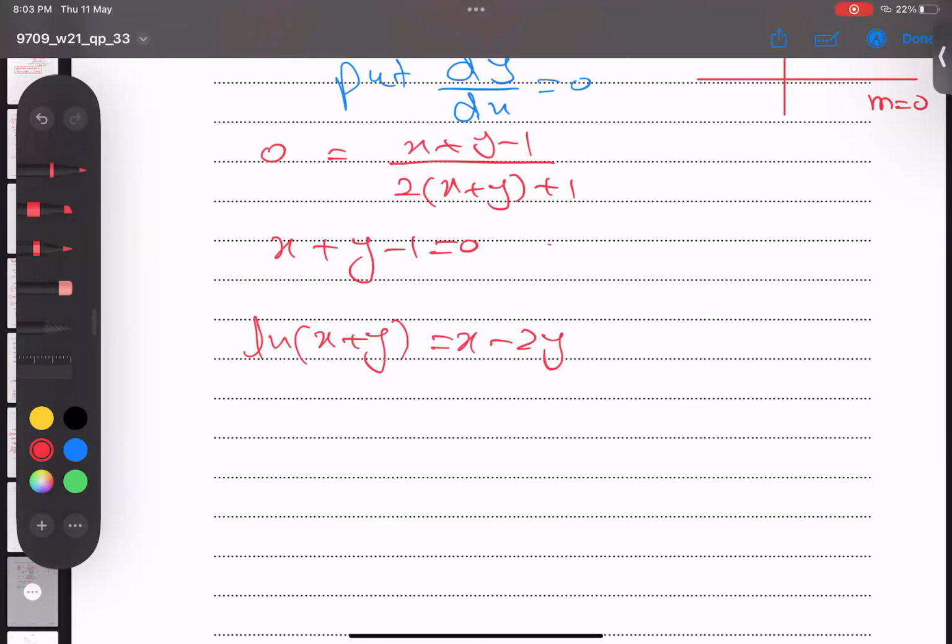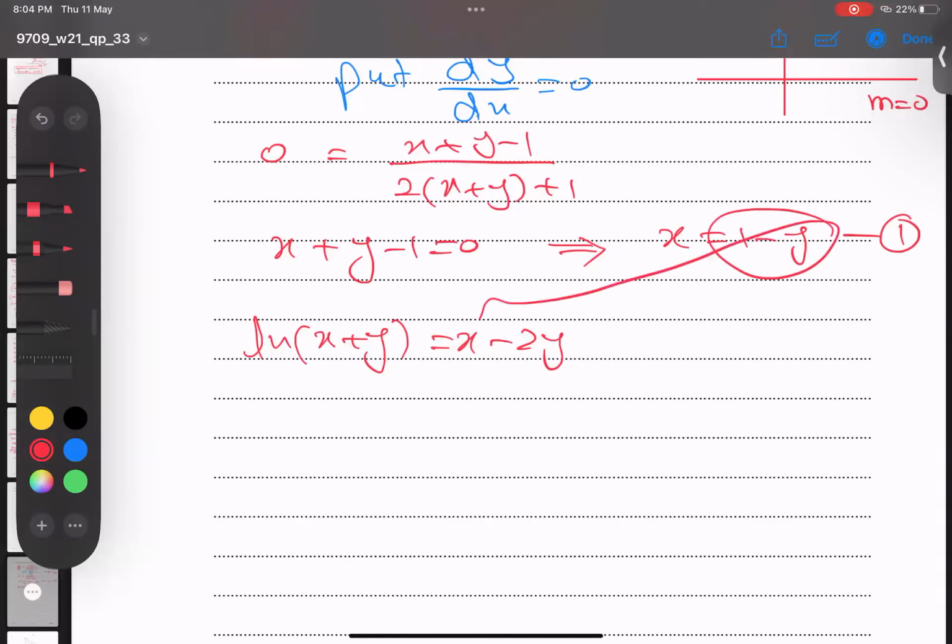First of all, I will make either x or y the subject, no issue at all, because ultimately we have to find both x and y. So x is equal to 1 minus y, equation number 1.